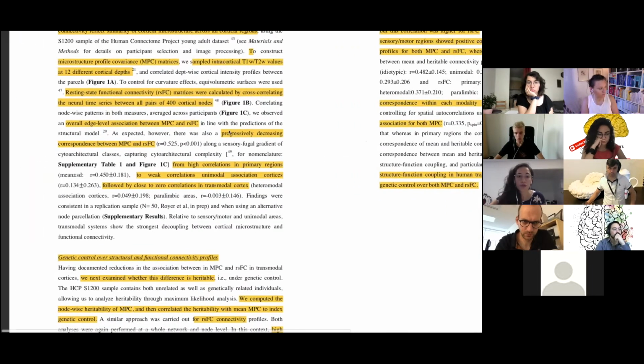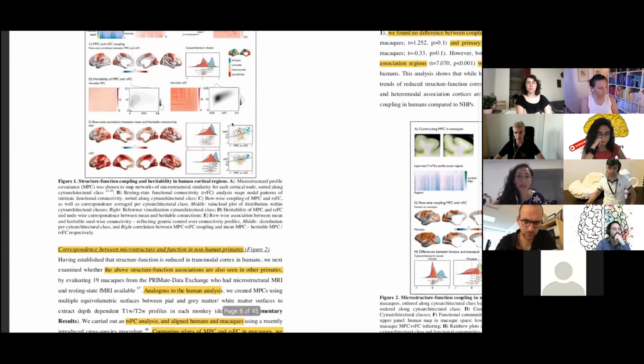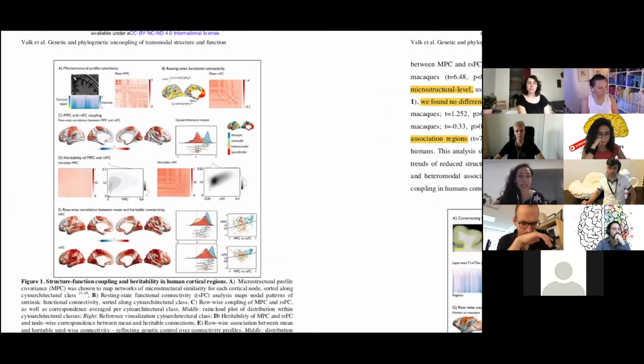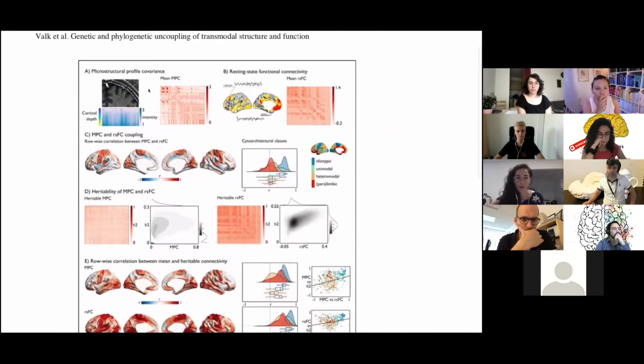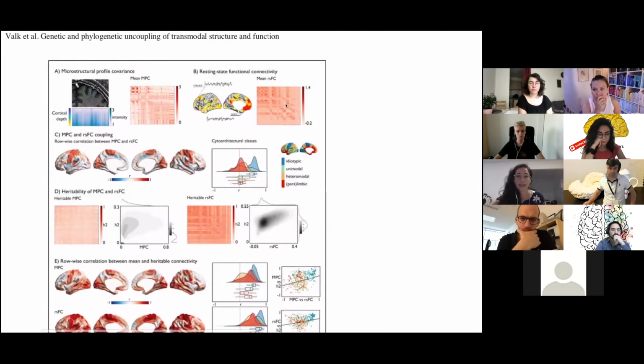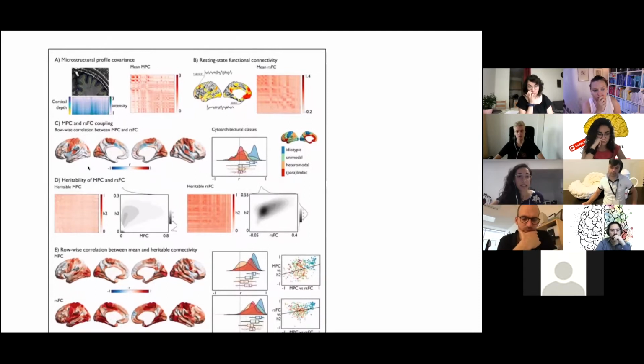But I want to show you the figure. Maybe it's easier. So these are the microstructural profile covariance, and this is the computed resting state matrices. Then they observed the coupling between the structure matrices and resting state matrices via correlation.